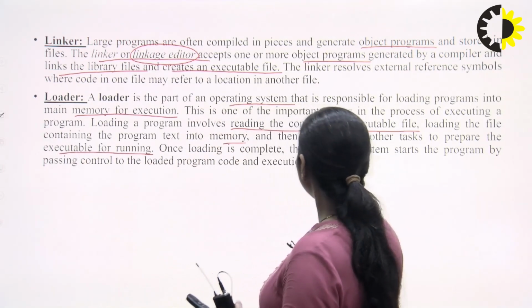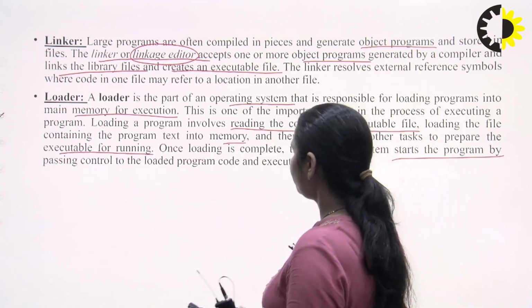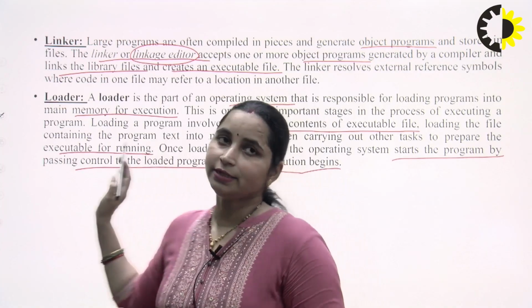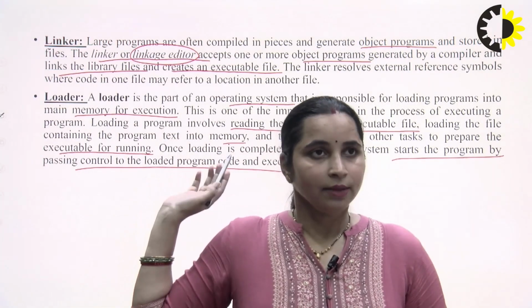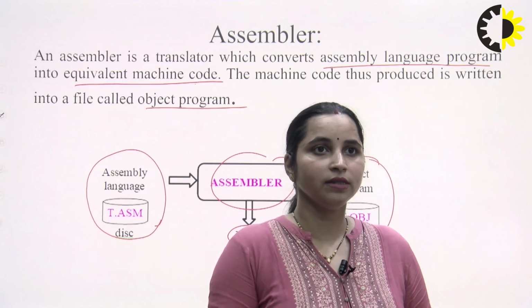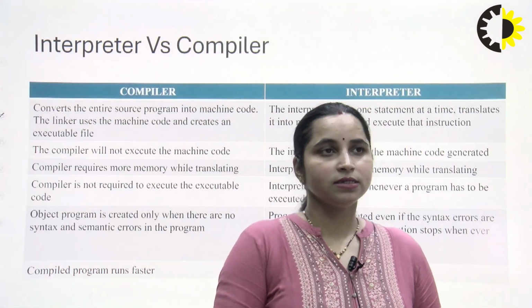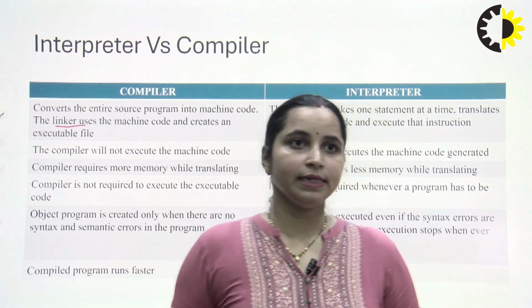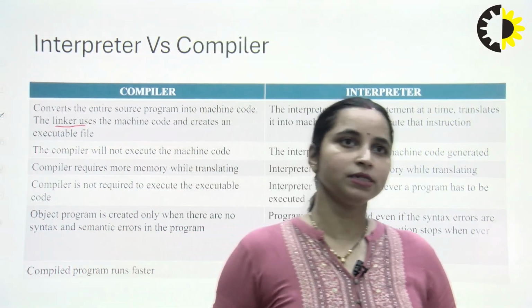Once the loading is complete, the operating system starts the program by passing control to the loaded program code, and the execution begins. I told you about the linker and loader in between because the term linker is used in the difference. So let's come back to the difference between interpreter and compiler.